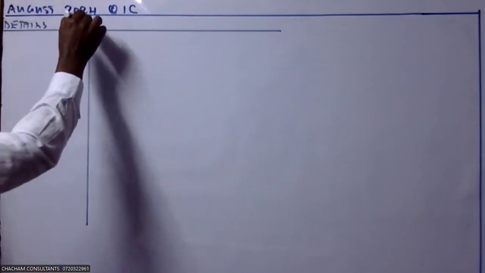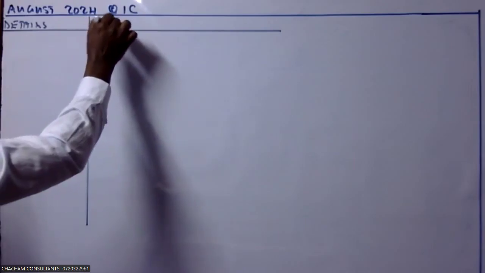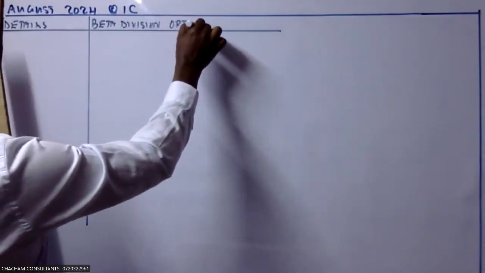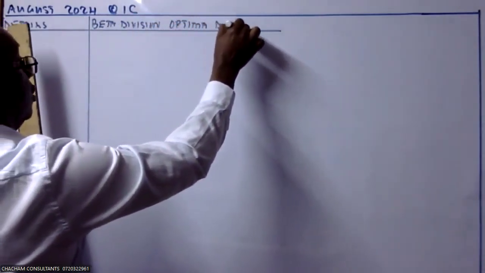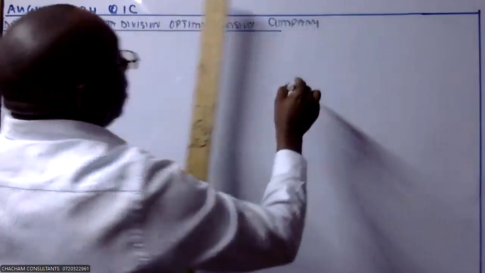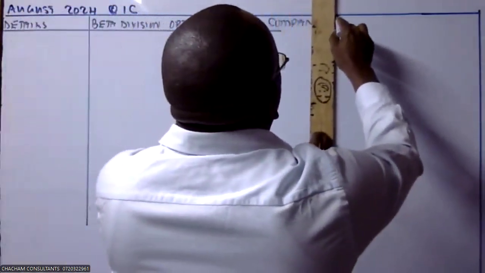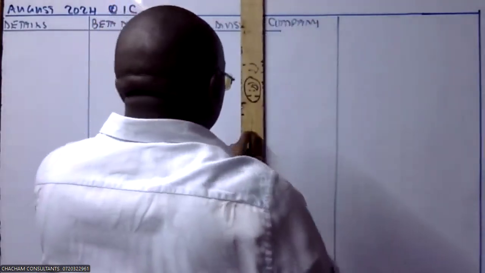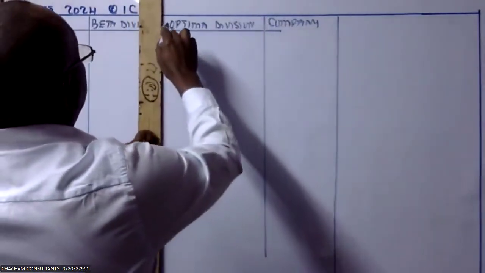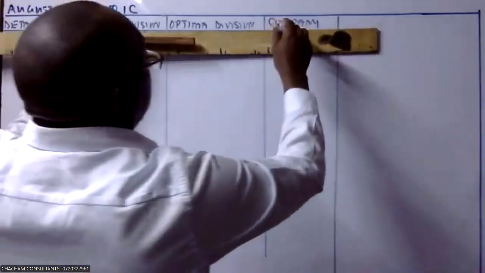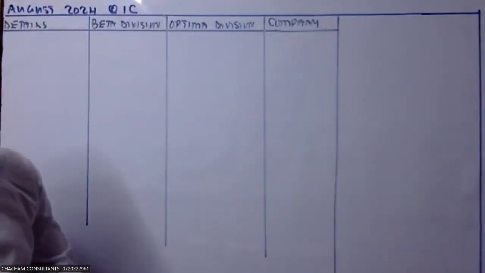Then we will have the Beta Division, we will have Optima Division, and then we have the company.